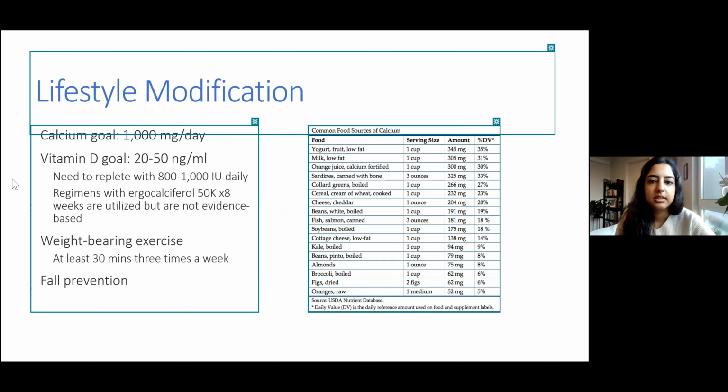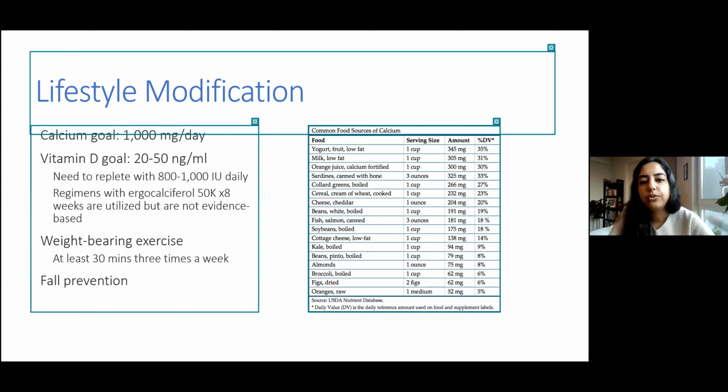Okay. So in terms of lifestyle modification, I was never really comfortable with what I'm supposed to be telling patients to do after I diagnose them with osteoporosis. In terms of the medications, I'm pretty comfortable with that, but what in terms of lifestyle, aside from saying eat more yogurt?